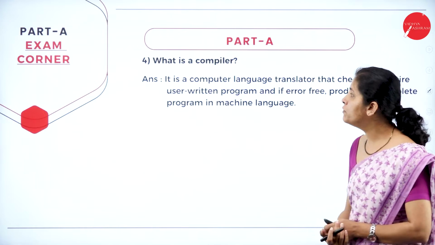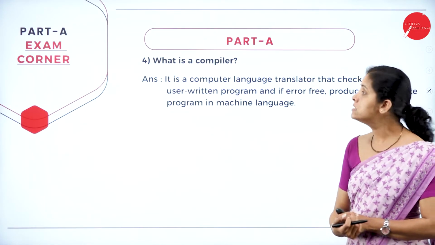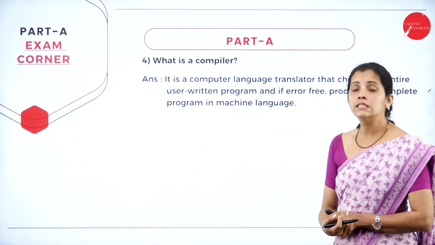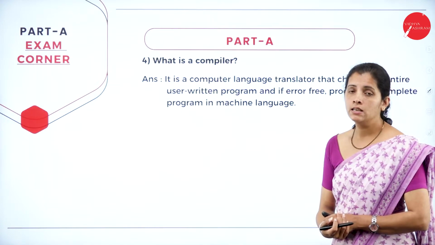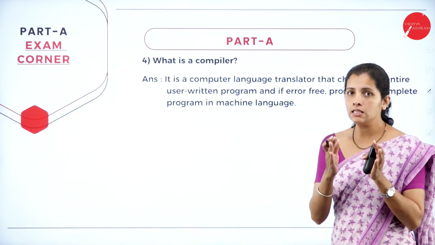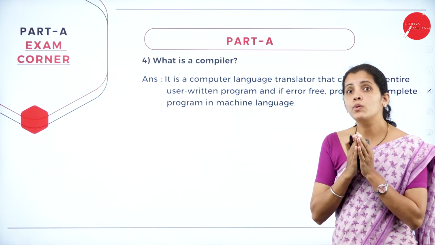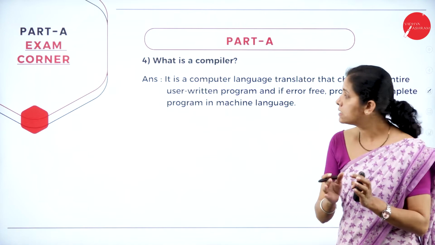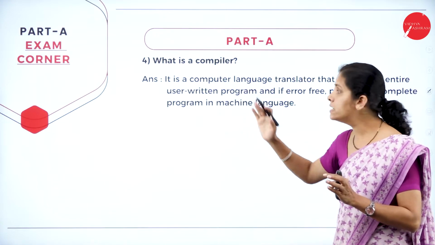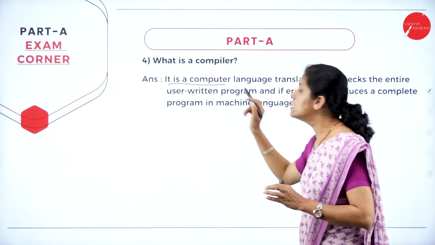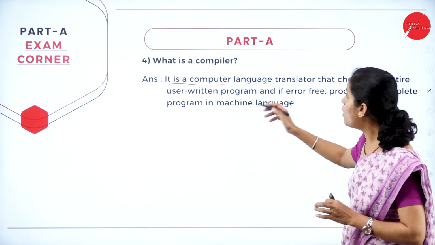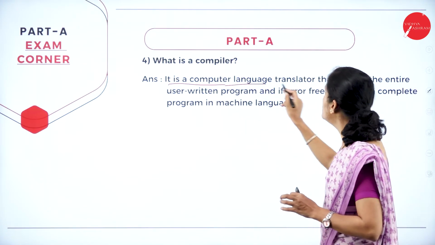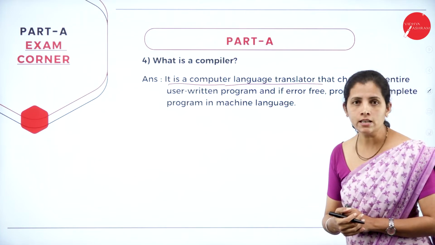Now moving on to the fourth question, what is compiler? The general answer here is compiler translates high-level programming language into machine code. But the standard answer here is it is a computer program or a computer language translator.